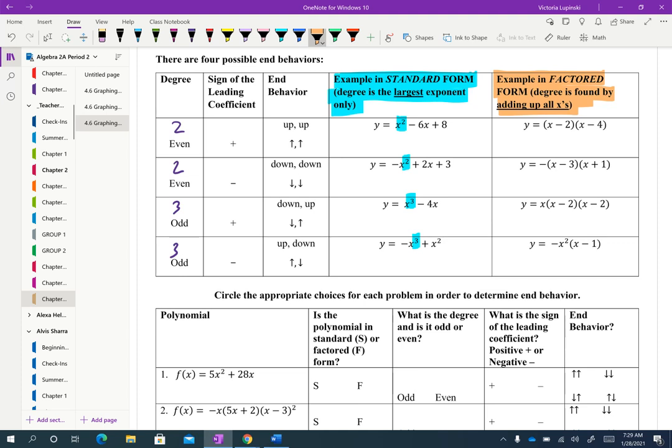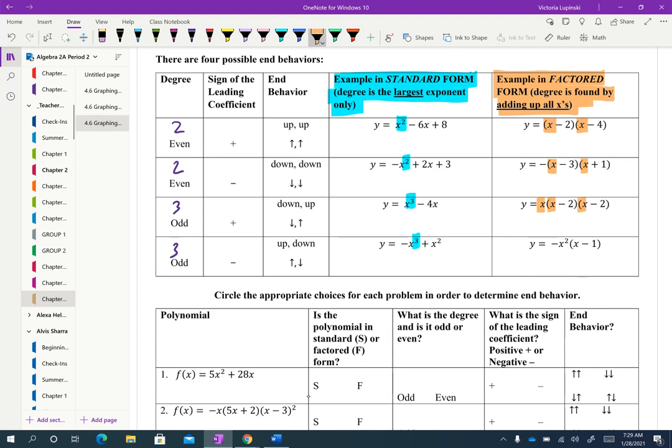You would find the degree by adding up all the x's, including any multiplicities. So this would be an x to the first, this would be an x to the first, that would give you an x squared, which is why the degree is 2. Similarly, in the next row, 1x and 1x makes a total of 2 x's, which is squared. In the third one, you would count 1, 2, 3 x's, which again is why it's degree 3.